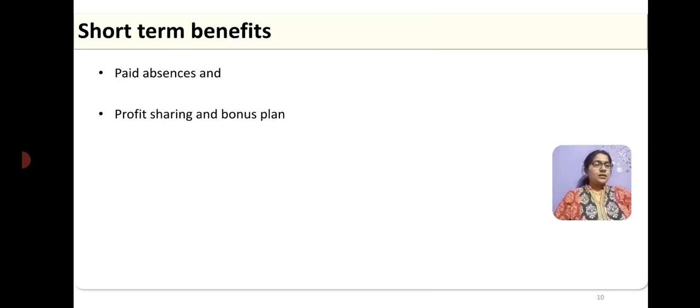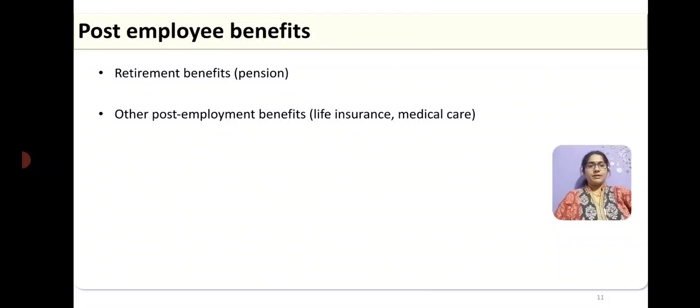So what are the general short-term benefits? Paid absences and profit sharing bonus plan. Suppose there is not sufficient workload in the factory, and they are being given paid vacation or paid absences, even that is considered a short-term benefit, and any profit sharing or bonus plan is also considered a short-term benefit.